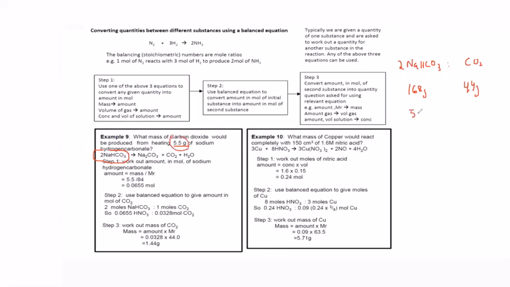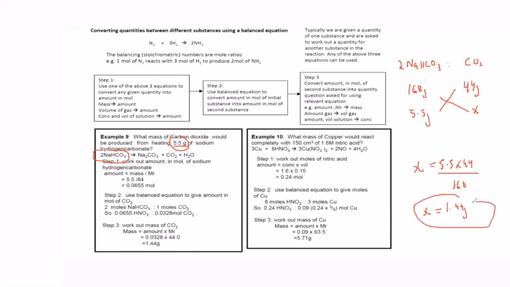So if we have 5.5 grams, then this will be X. Cross multiply. So X is equal to 5.5 multiplied by 44 divided by 168. So X will be equal to 1.44 grams. That's the final answer.